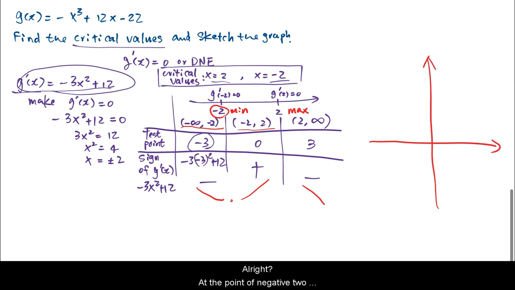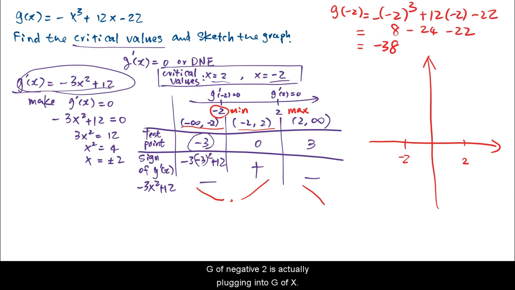All right, at the points of negative 2 and 2, we have a local minimum and a local maximum. Let me calculate where they are. So g of negative 2, let's do the calculation over here.